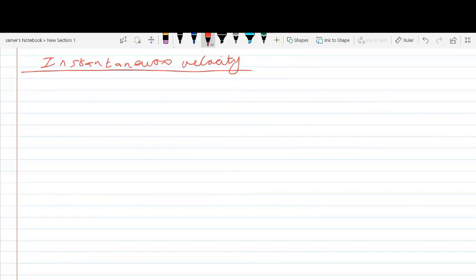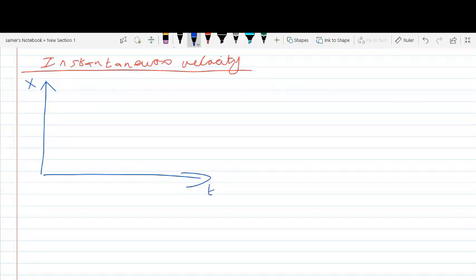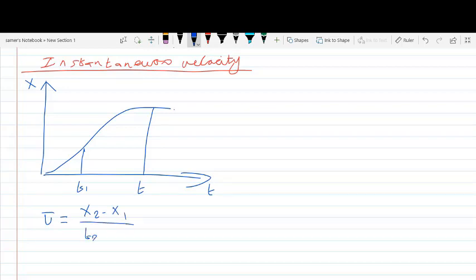Instantaneous velocity. Now we learned before that if we need to find the average velocity from the x-t graph, let's have this graph, and we need to find the average velocity of the object from t1 to t2, we simply say v equals x2 minus x1 over t2 minus t1.